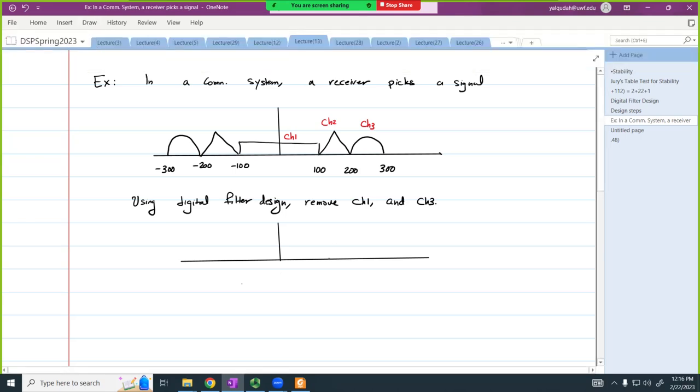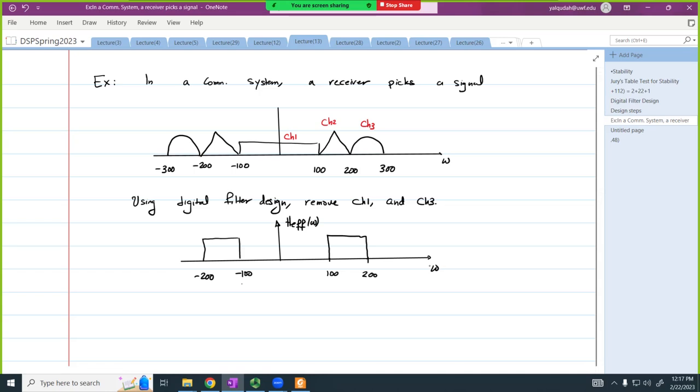So this filter that I want to design is going to operate from 100 hertz to 200 hertz. This is the frequency in hertz. And I want a filter that looks something like this. I'm going to call this my H effective of W. Or actually, let's keep this as a W. So I have a bandpass filter.